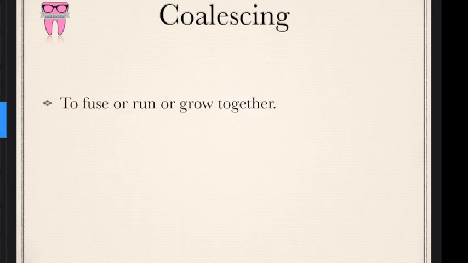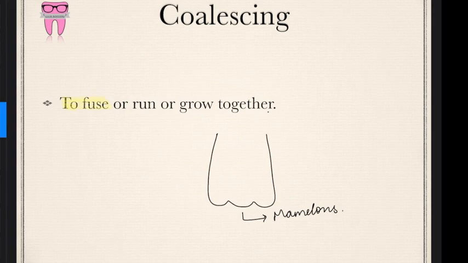Now coming to the next term, this term is coalescing, which means to fuse. Now I can give you an example of mamelons here. The mamelons represent the growth centers. So these growth centers fuse. The term for fusion, or something which is growing together or merging, is known as coalescing.